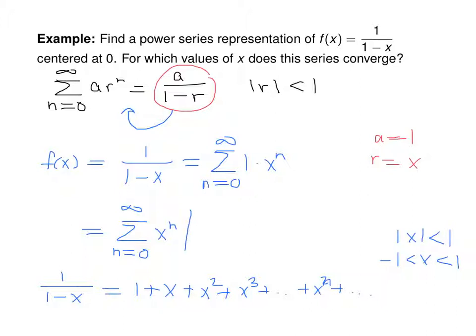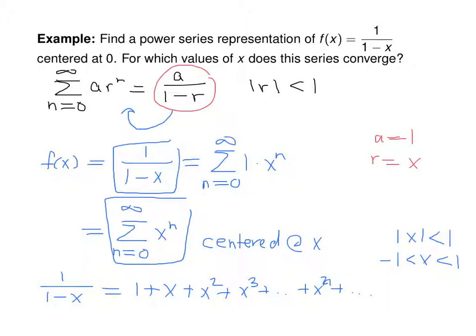But this is the power series representation of 1 over 1 minus x centered at c equals 0. And it's only valid between -1 and 1.